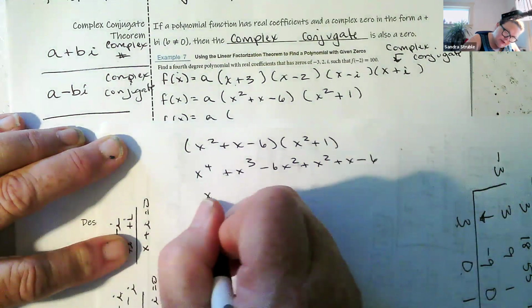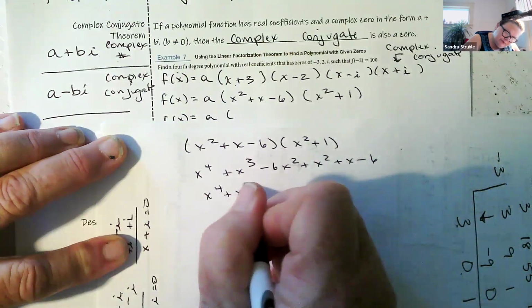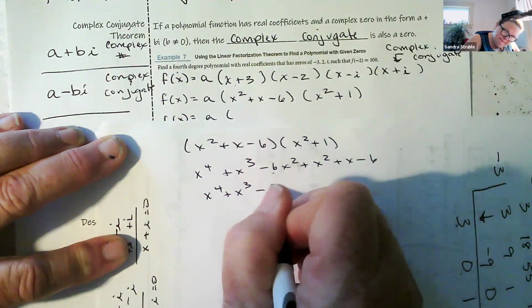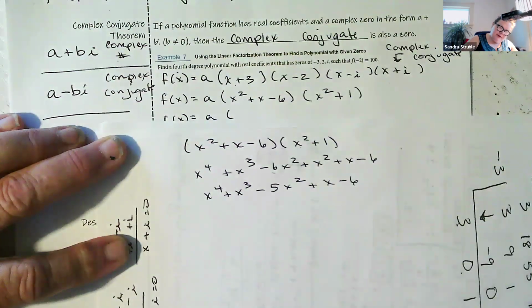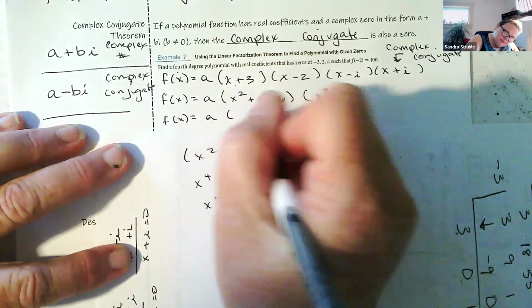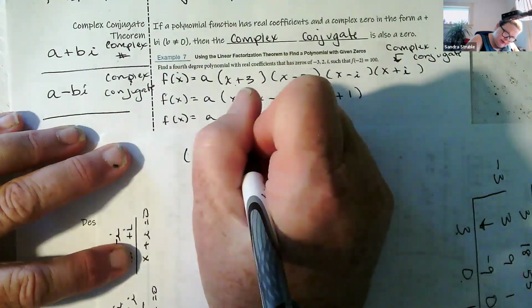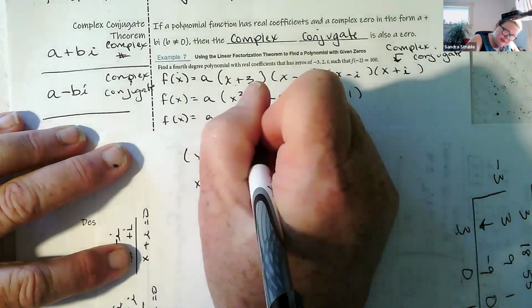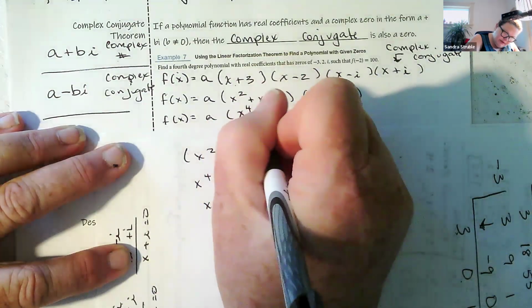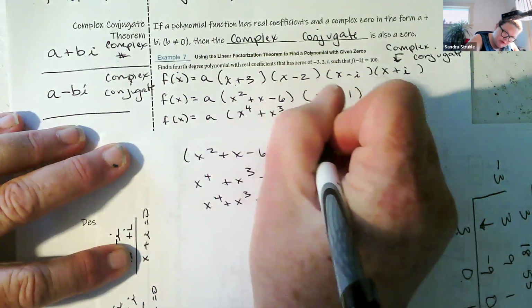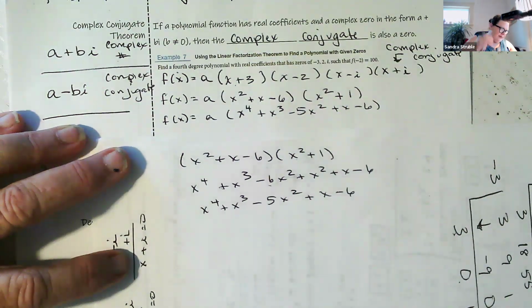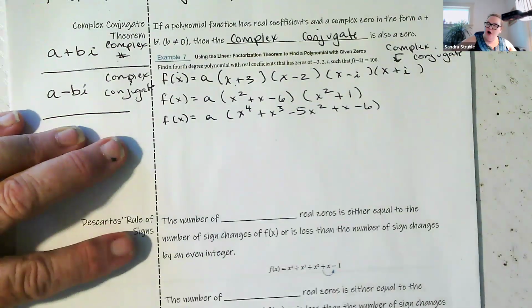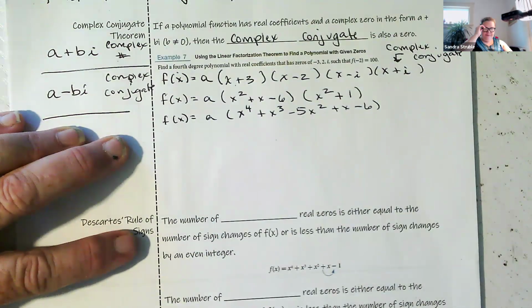Combining like terms. All right, there's my completely simplified. Plus x cubed minus 5x squared plus x minus 6. All right, now that's as simplified as I can get it for now.